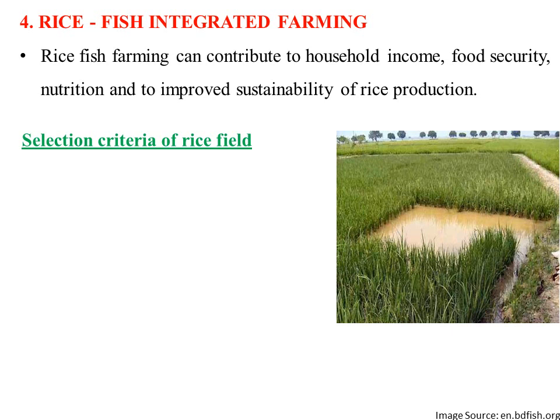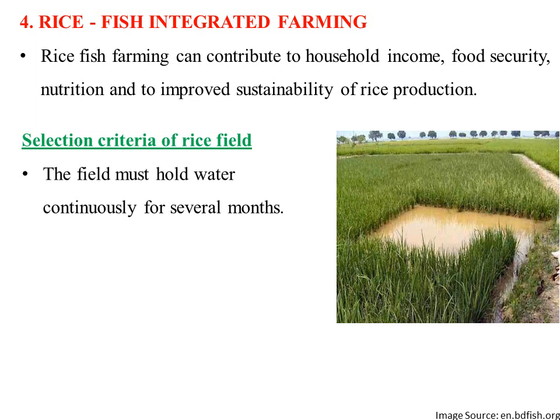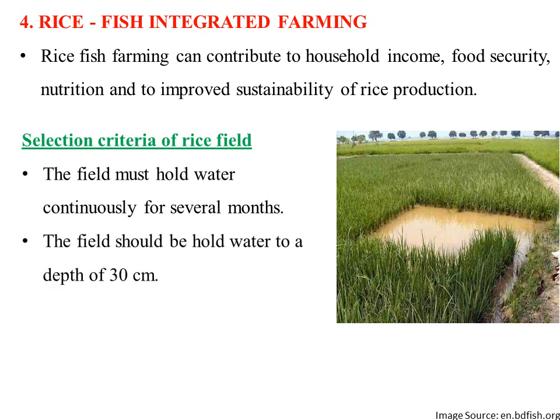The selection criteria for a rice field are: the field must hold water continuously for several months, and the water depth must be up to 30 centimeters. The land should be comparatively flat and should not be over flooded, and the soil of the land which will hold the water must have a pH range of around 6.5 to 7.5.